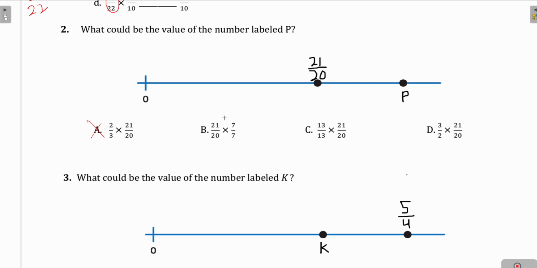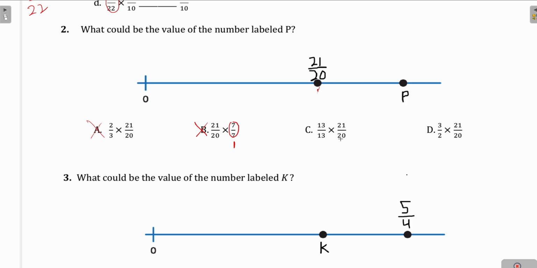You can think of this as 7/7 of 21/20. But this 7/7 is just one whole, and 21/20 times 1 is itself. So that'll be this same point over here, and we're not looking for that, so it's not this.